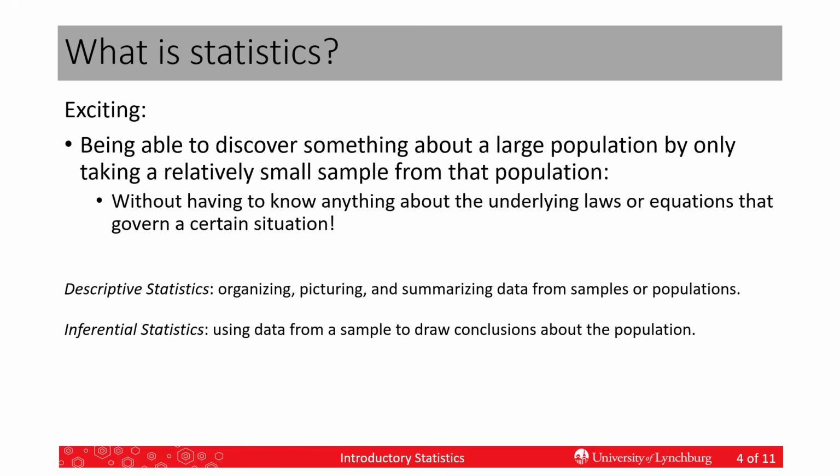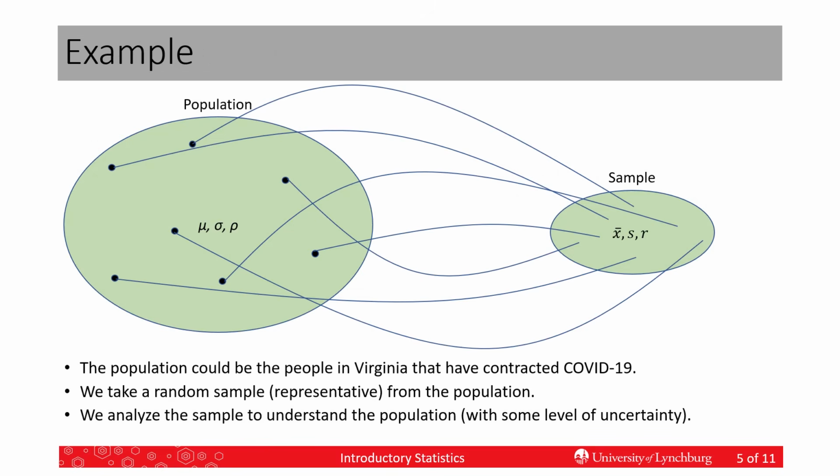Where we like to go usually is inferential statistics, and that's drawing conclusions about the population from a small sample. Okay, so let's look at an example. Let's say that our population includes all the people in Virginia that contracted the COVID-19 virus, and we want to study this.